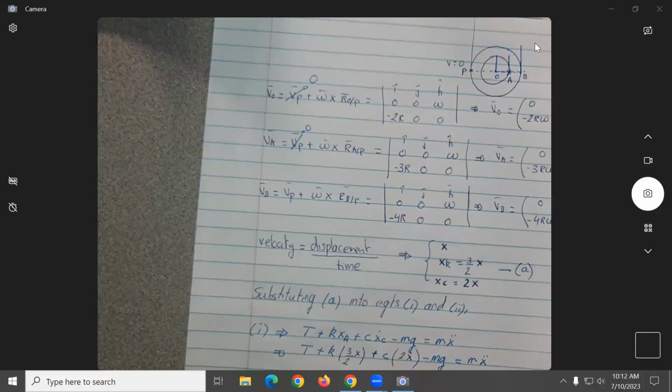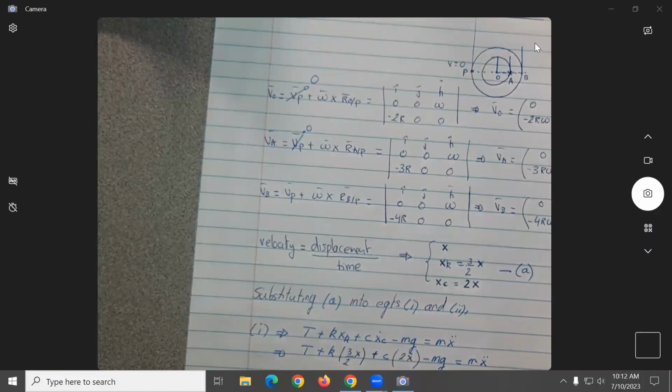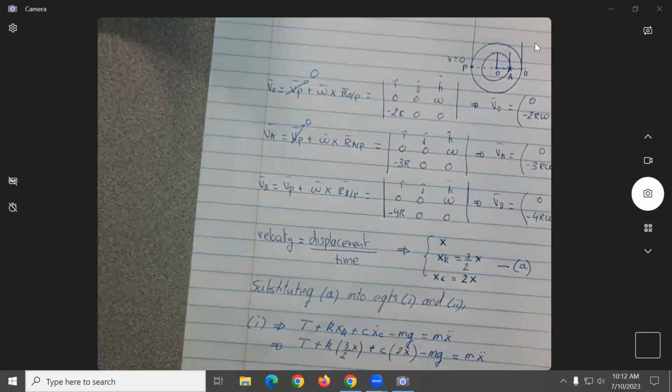Okay, so this will give you what? T plus 3/2 kx plus 2cx dot minus mg equal to mx double dot.